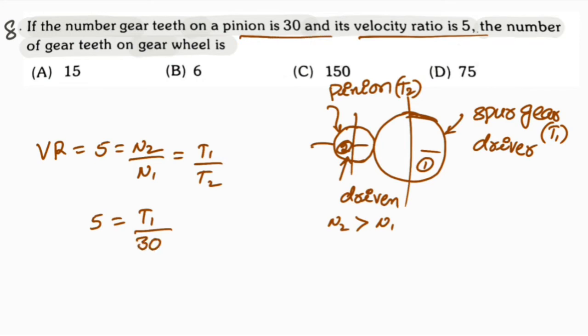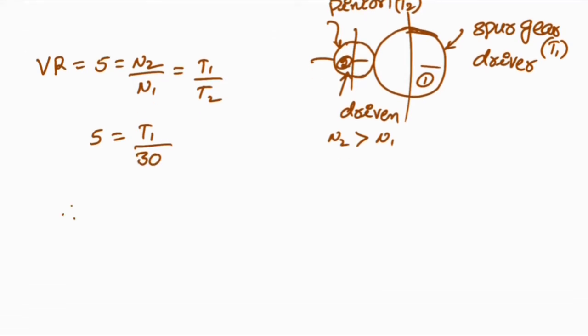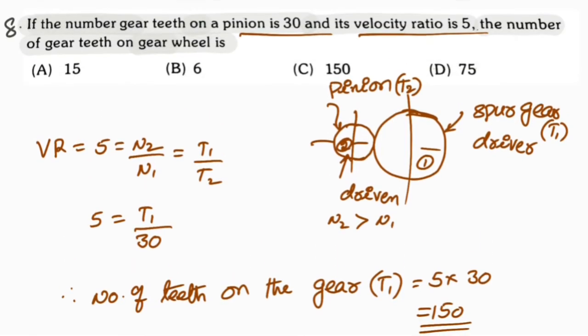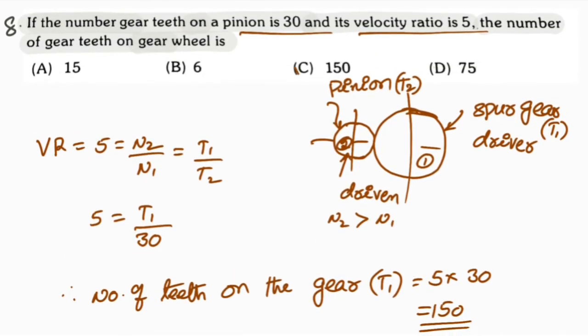Therefore, the number of teeth on the larger gear, T1, equals 5 multiplied by 30, which is 150. Look at option C. Option C is absolutely correct.